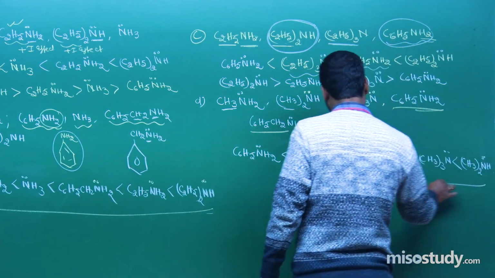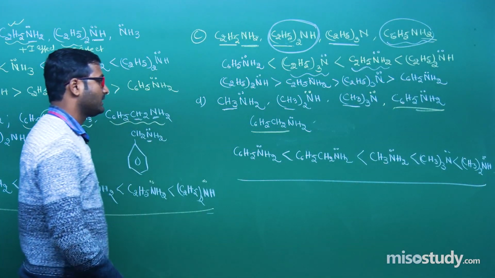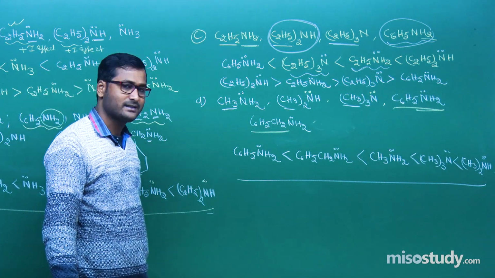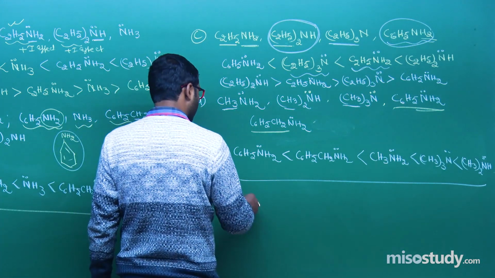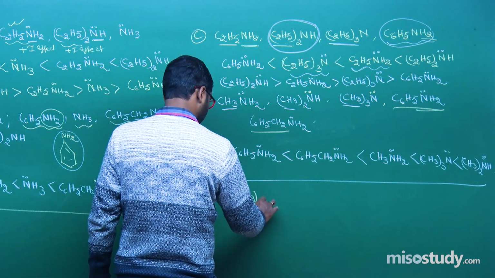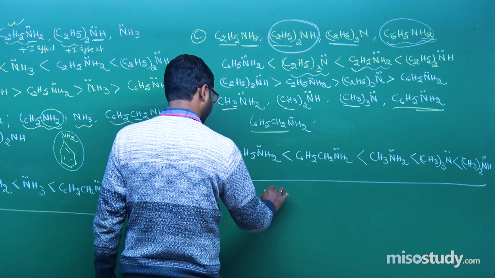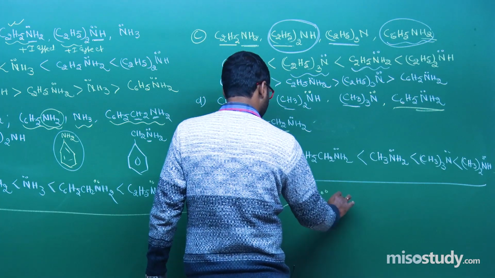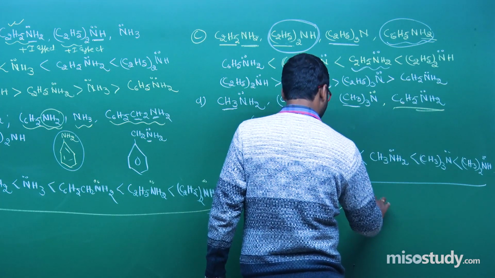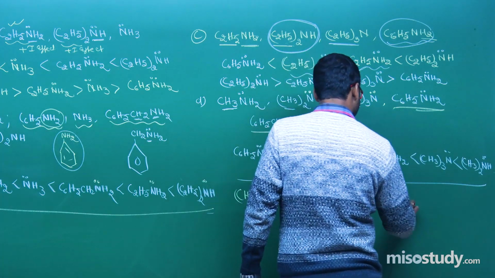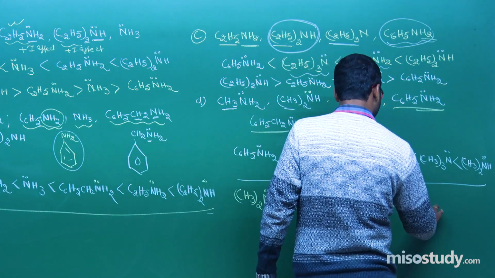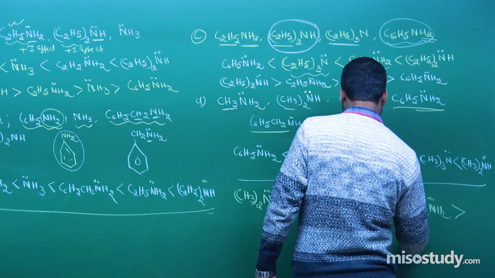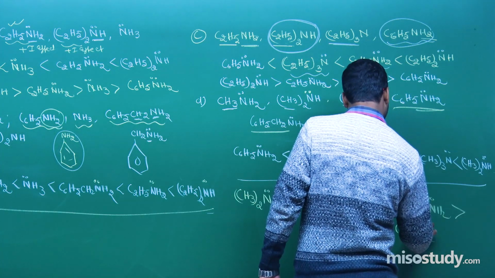This is the order of basic strength: CH3NH2, (CH3)3N, and (CH3)2NH. Or if anyone asks you to write it in decreasing order: (CH3)3N, then CH3NH2, then C6H5CH2NH2, then C6H5NH2. These are the orders.